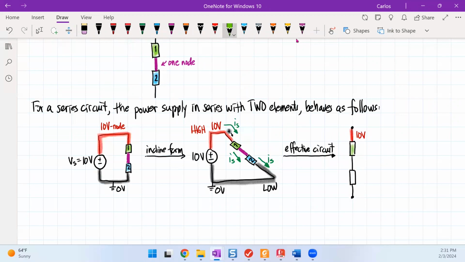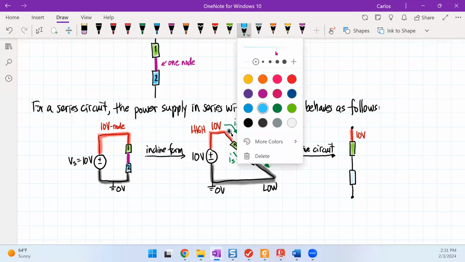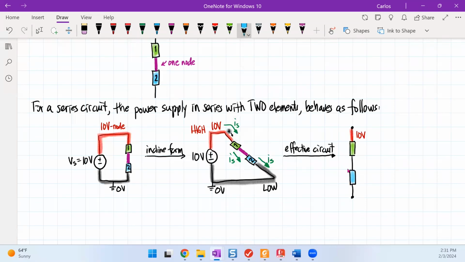So if I'm looking at my elements, I see that as the current is coming down, by the way, I should label some other things first. This tells me that this is the ground. This tells me that right here, I have my node. And so what we already know is that the source current comes out of the power supply. And this is the source current.